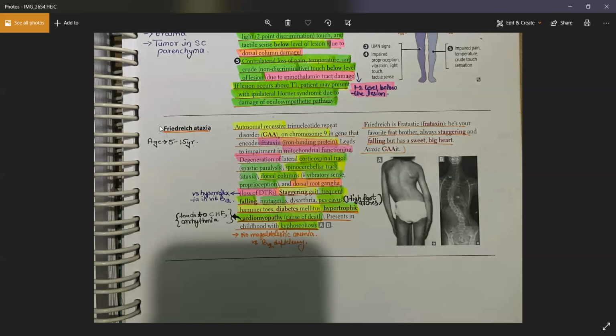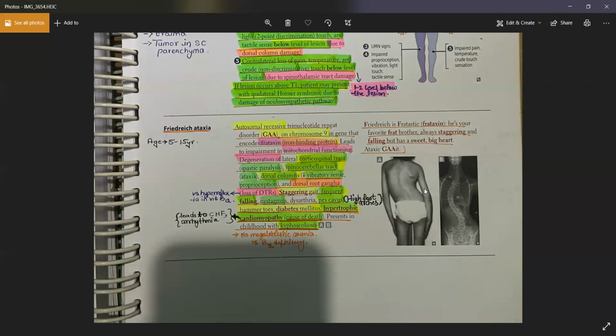Does anyone know why this kyphoscoliosis is happening? Because of loss of proprioception. How can proprioception cause kyphoscoliosis? It can surely cause falls, but how does it cause this kyphoscoliosis? Maybe due to muscle atrophy because of the corticospinal tract.